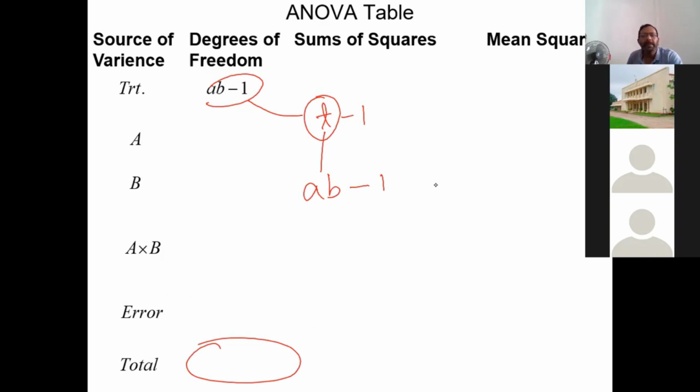You should understand the principle. Total degrees of freedom, assuming that all of them have the same replicates. In CRD, what is the formula for total degrees of freedom? Anyone? Look at your notes. TR minus 1. Okay, TR minus 1. Now tell me, what is the present degrees of freedom?